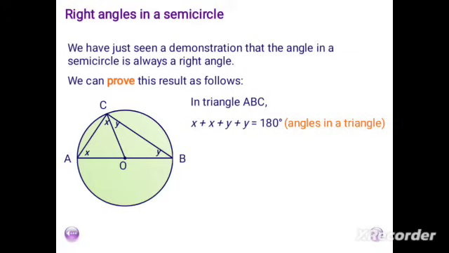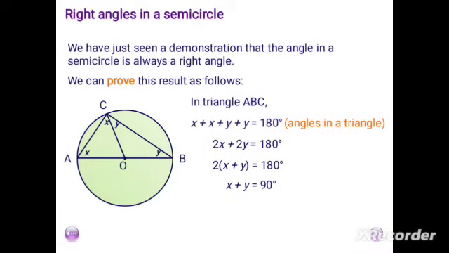Therefore, in triangle ABC, we can add all the angles, because the sum of angles in a triangle adds up to 180 degrees. So we have 2x plus 2y is equal to 180 degrees.